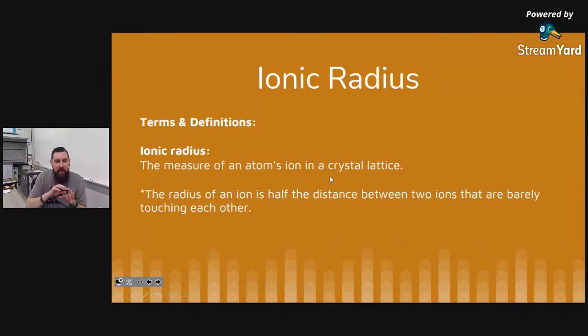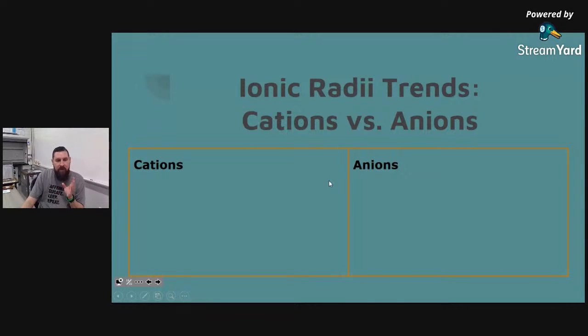Okay, and then what we do is we measure the distance between those two ions that are bonded together, ionically bonded, and we half that distance between those two ions when they're barely touching each other. So we try to force them together and then measure that distance and divide it in half. That's our ionic radius.